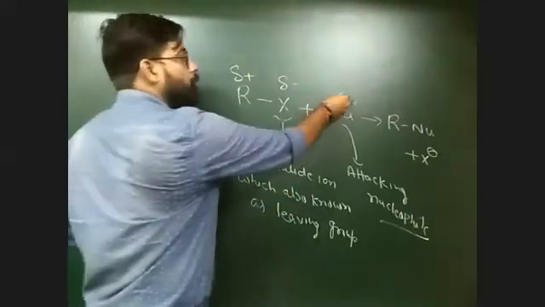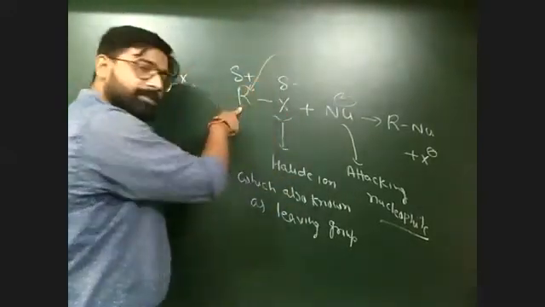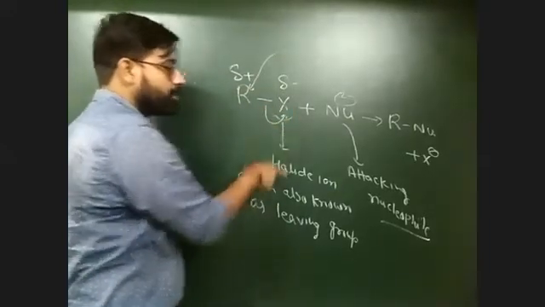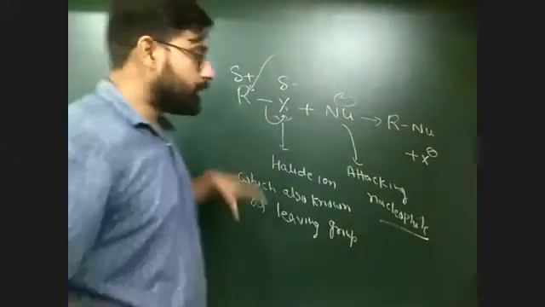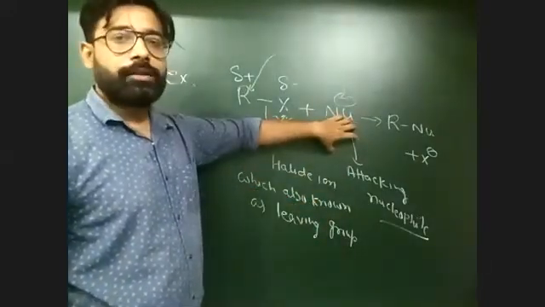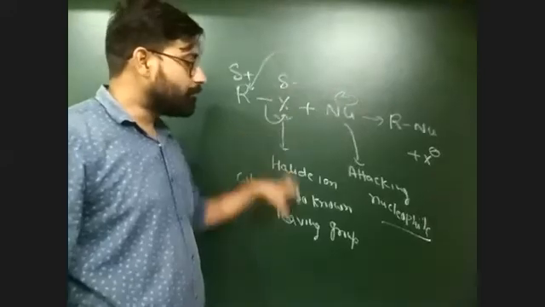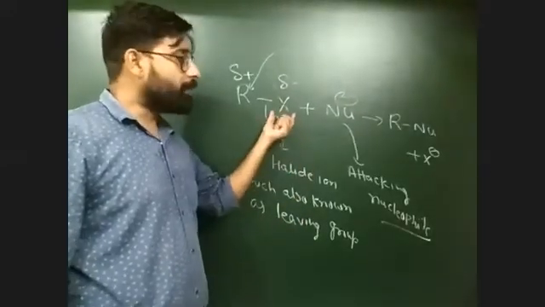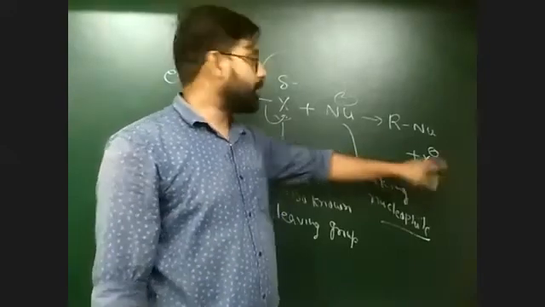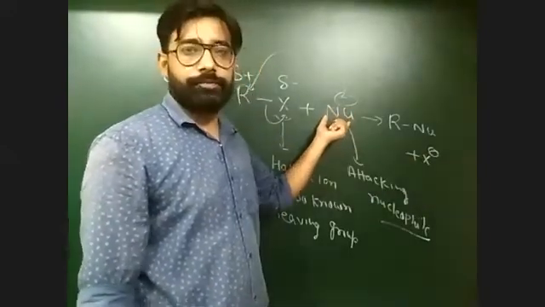So the nucleophile attacks this atom, and X, known as the halide, leaves from here. So a strong nucleophile replaces the weak nucleophile. X minus is also a nucleophile, which is weaker than Nu minus.